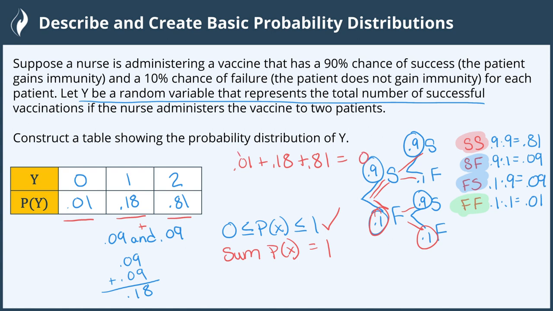Adding up all of our tenths, we have 1 plus 0 is 1, plus another 1 is 2, plus 8 is 10, and we have 2 decimal place values, so they do all add up to be 1. So we have verified that both requirements are met, and so our probability distribution is complete.